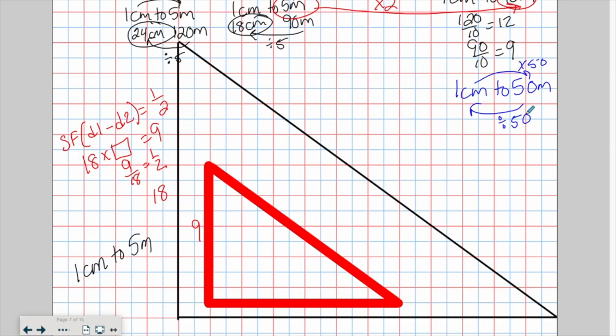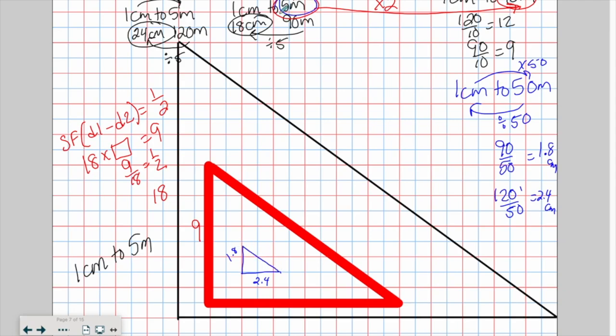And so if you do 90 divided by 50, you get 1.8 centimeters. And 120 divided by 50 is 2.4 centimeters. So my base is 2.4 centimeters. My height is 1.8 centimeters.